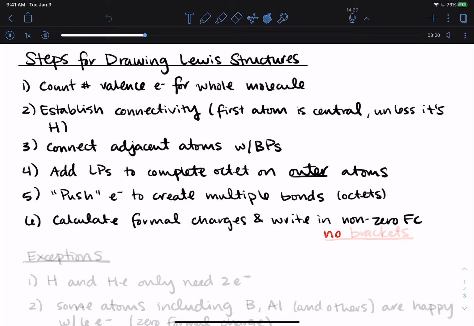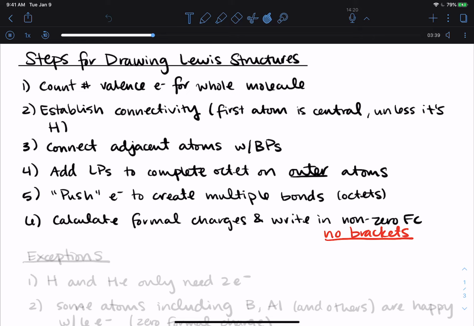So no brackets. I know you will see brackets in the keys for the textbooks. You will not be allowed to use brackets around the molecules that you turn in, and you won't see them around the answer keys that I write for the problem set.